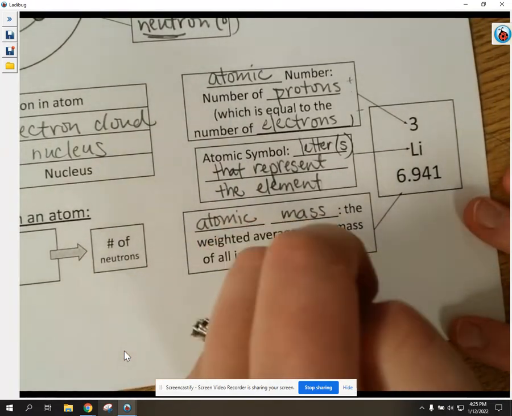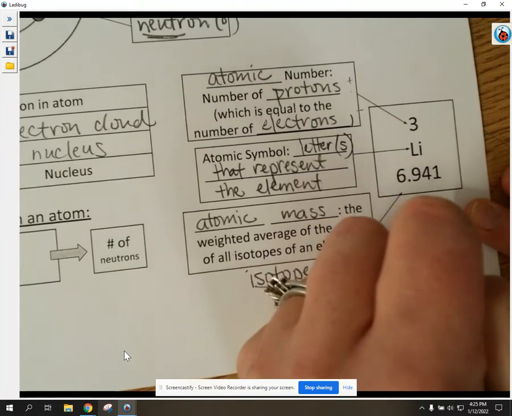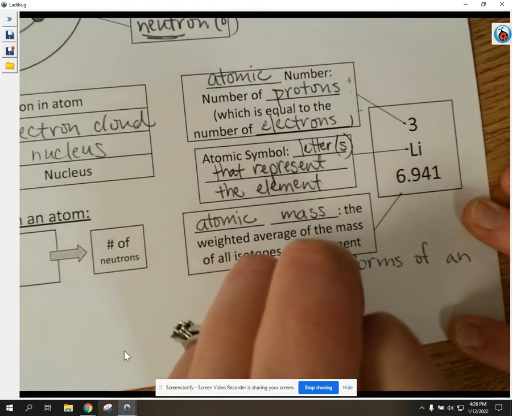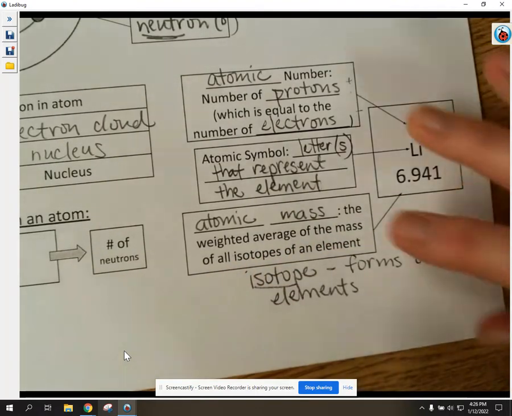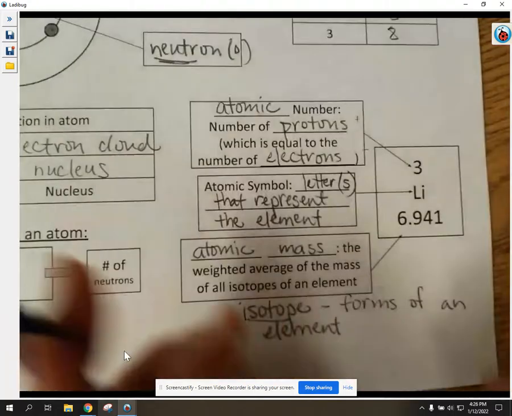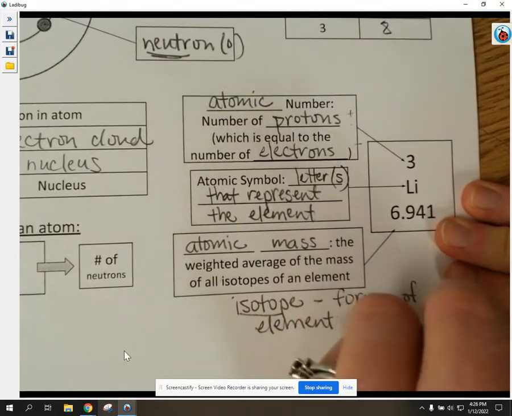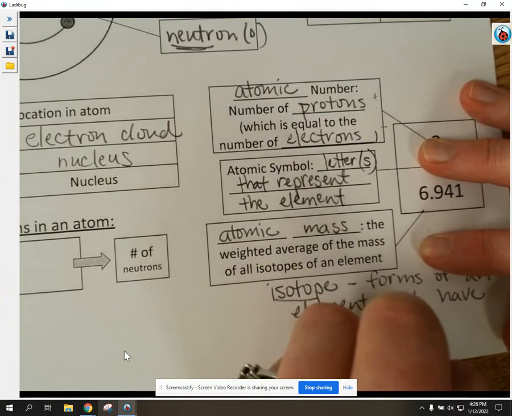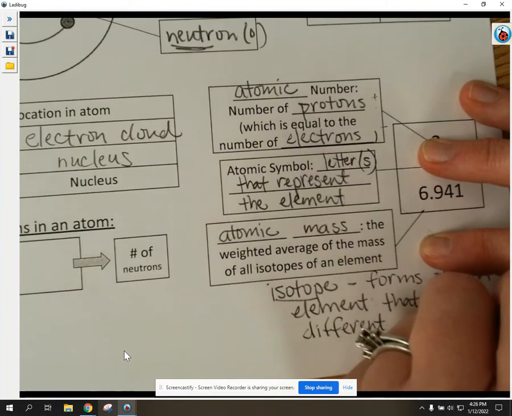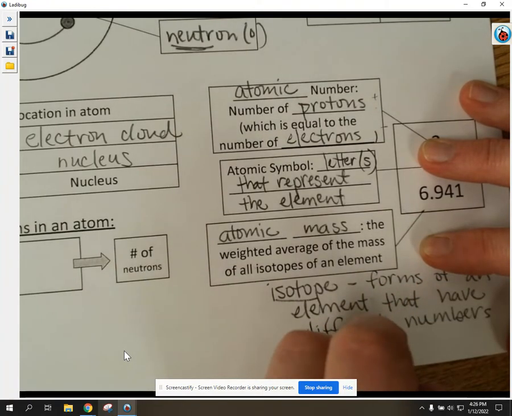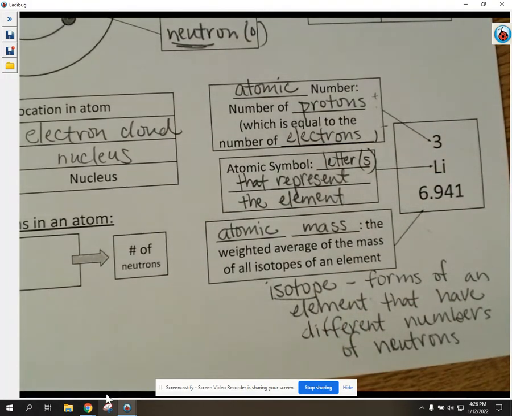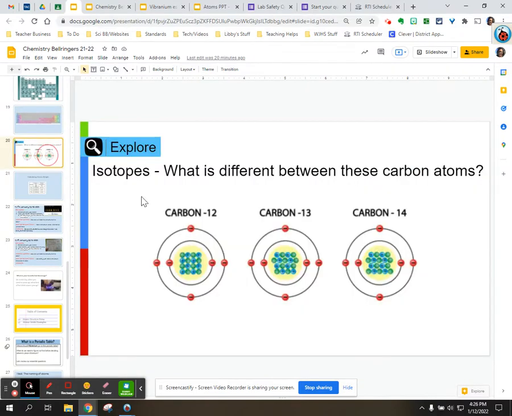Isotopes are forms of an element that have different numbers of neutrons, like we looked at with that carbon. These are 3 different isotopes of carbon.